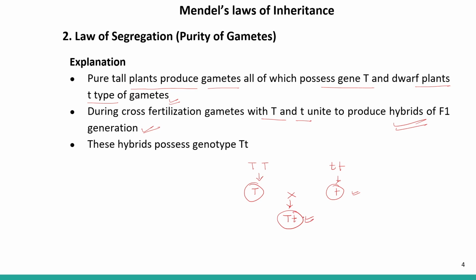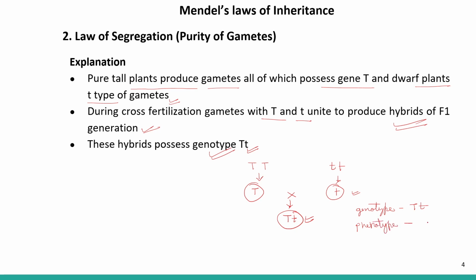Both the alleles are contrasting, but they are together in the F1 generation. So these hybrids possess the genotype capital T and small t, right? So this is the genotype. But what will be the phenotype?